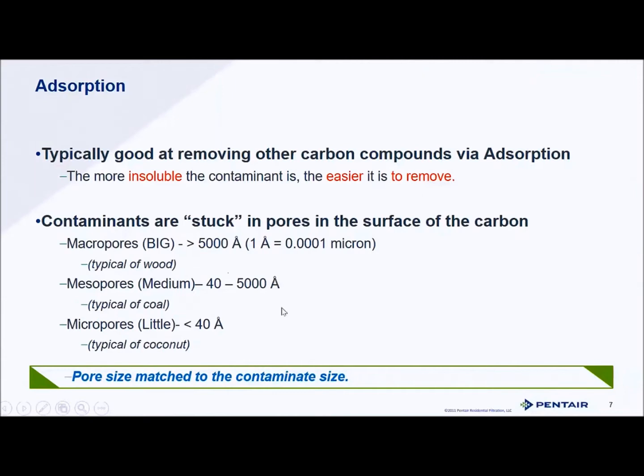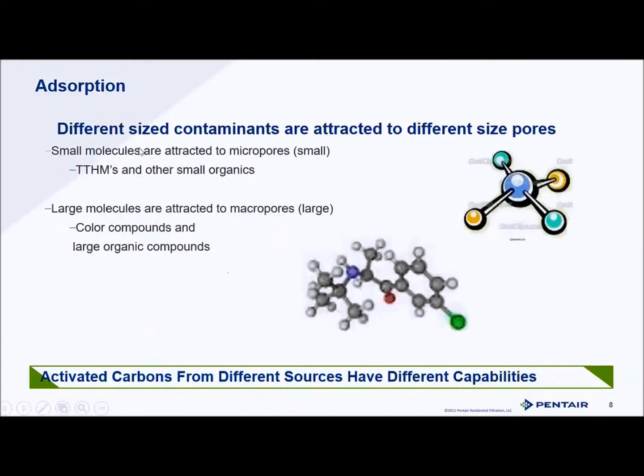So if you're going to see different blends of these, or wonder why coconut carbon is being used someplace and not another, it's because we're targeting a specific contaminant. It doesn't mean that coconut carbon will not remove some of the big contaminants. It will. It's just better at removing the little ones. So different size contaminants are attracted to different pore sizes.